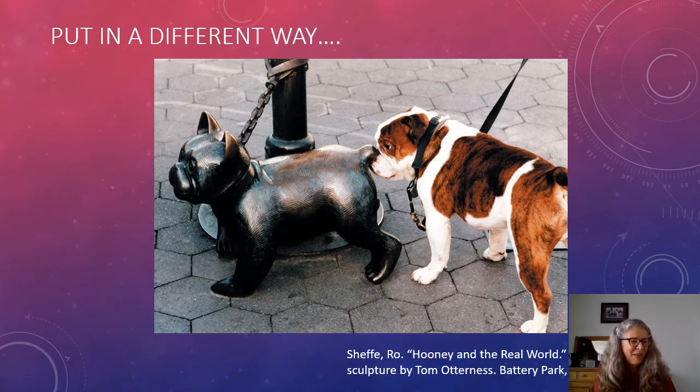So why am I presenting you with this photograph? Well, if you think about it, if the original sculpture by Tom Otterness, the bronze dog, is another writer's work, and the very live bulldog on the right of the image is you, what that means is you take the author's original work, and like the real bulldog, you examine the original work very, very carefully.